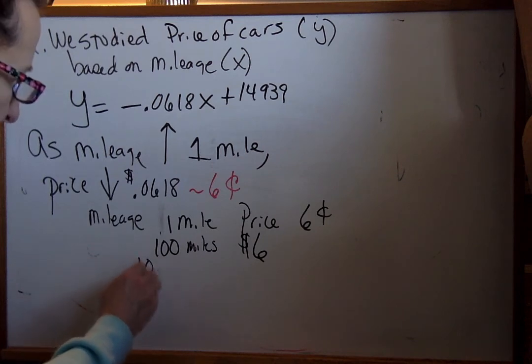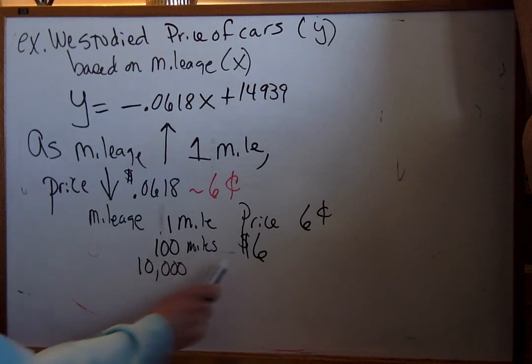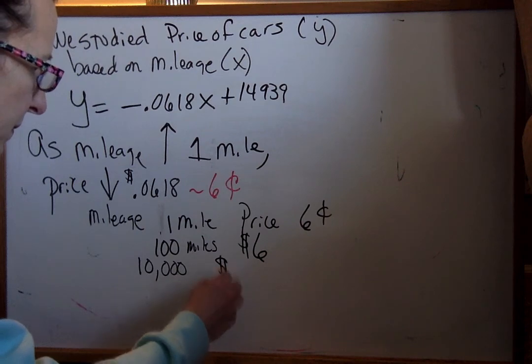Honestly, when I'm shopping for cars, I care in increments of 10,000 miles because I'm talking used cars here, right? Not a new car. So at 100 miles, it would be $6. What about at 10,000 miles? All I did was put 2 more zeros in there.